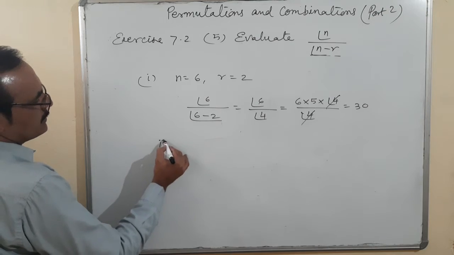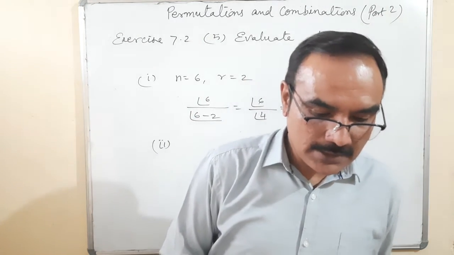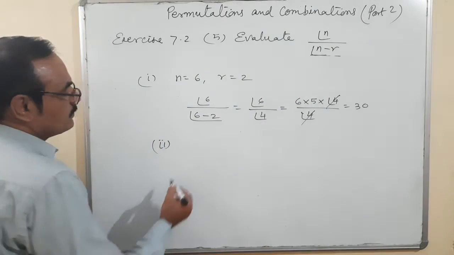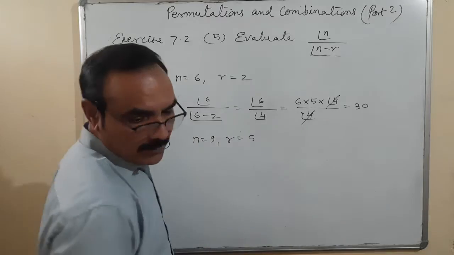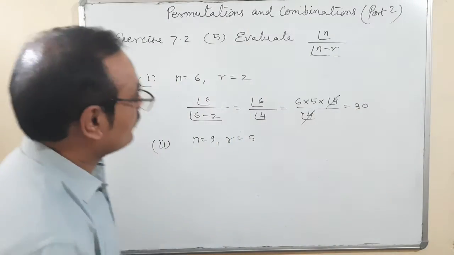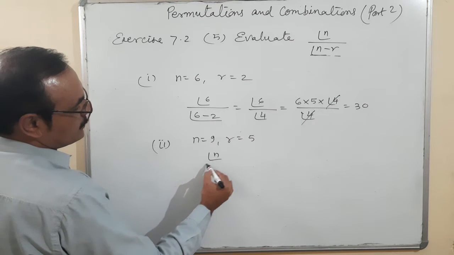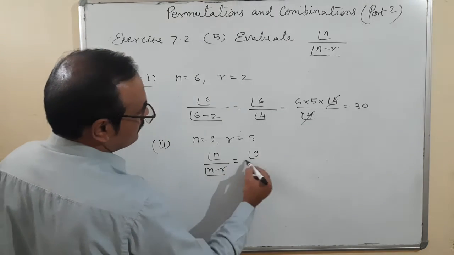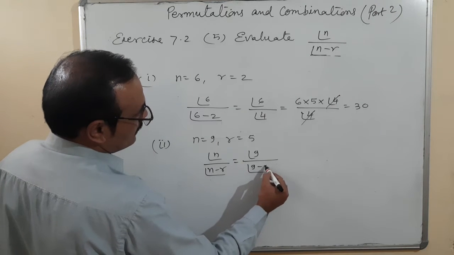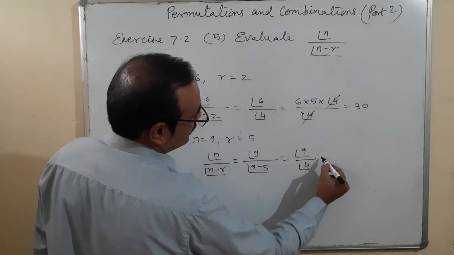Second part is n is equal to 9 and r is equal to 5. Again put the value here in factorial n upon factorial n minus r. So factorial 9 upon factorial 9 minus 5, which is factorial 4.